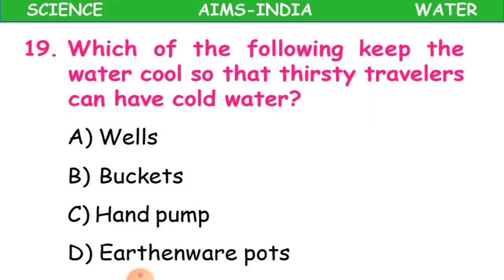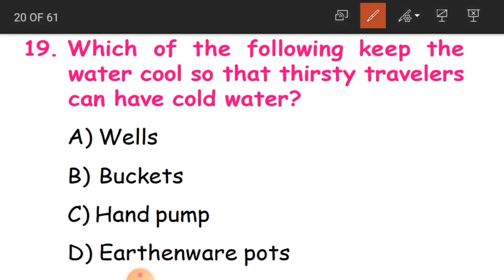Now, which of the following keep the water cool so that thirsty travelers can have cold water? See, children, especially in summers, you can see these water camps on the roads. They keep some water so that the passengers who pass through can have water when they are thirsty. And what do they keep to keep the water cool?